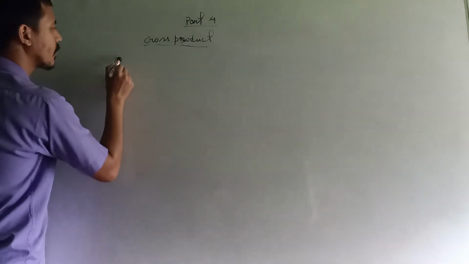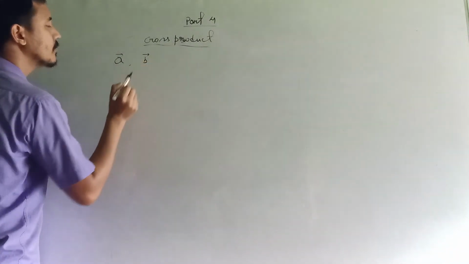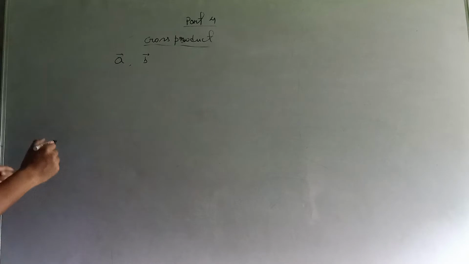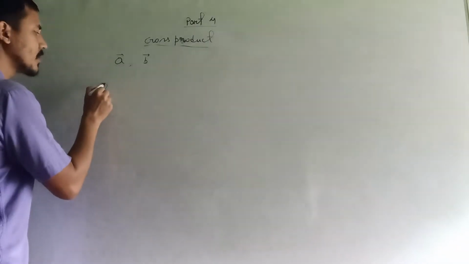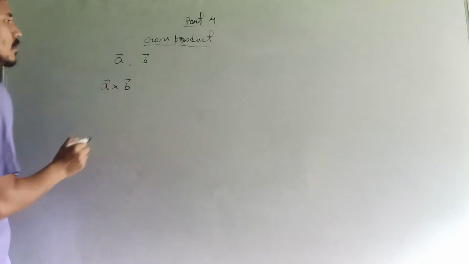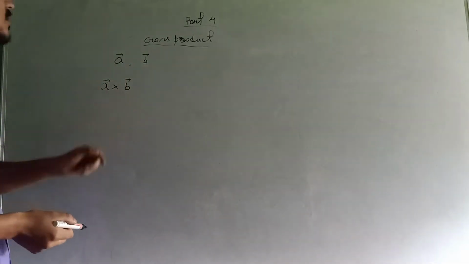Cross product of two vectors A and B. A is any vector, B is any vector. Then the cross product of two vectors A and B will be represented as A cross B.